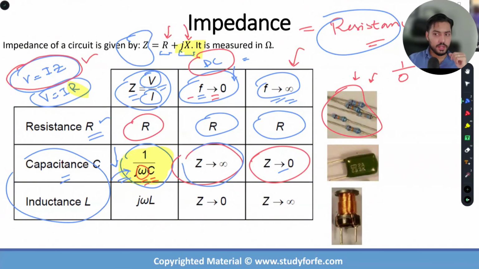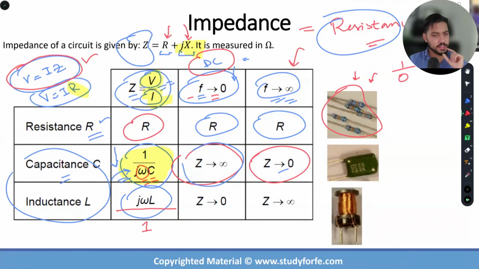All right. Now in this V divided by I, if I have a purely inductive component or inductor, then the ratio of V to I is actually going to give me an impedance which will be j omega L. In the case of inductor, if it's easier for you to visualize, imagine there is a 1 below it.